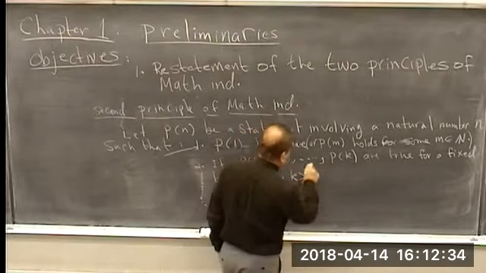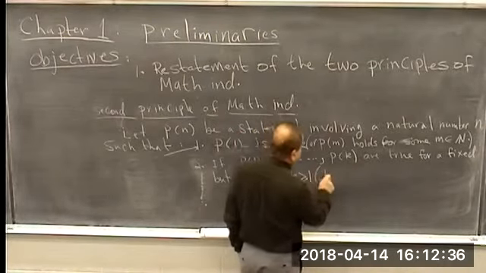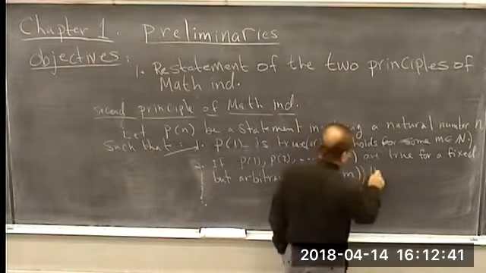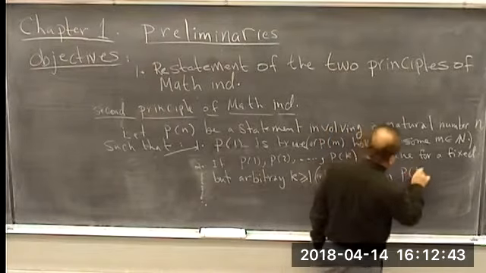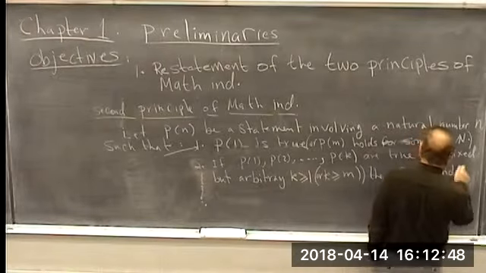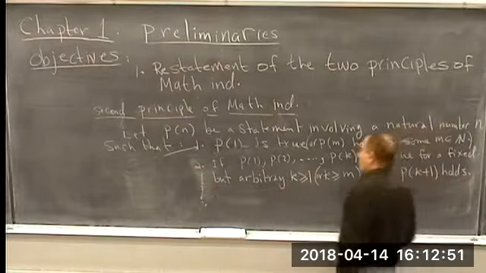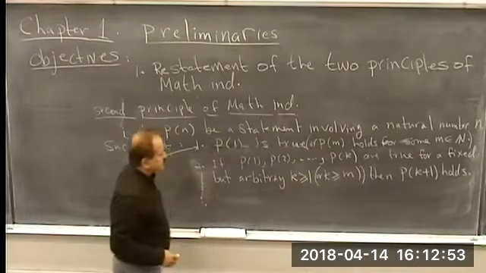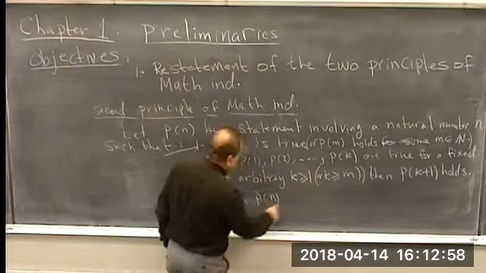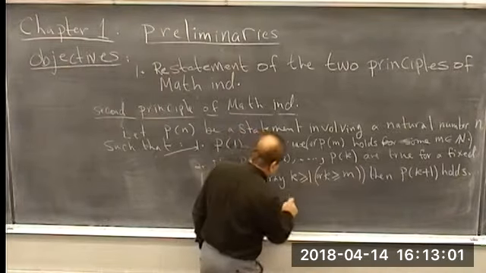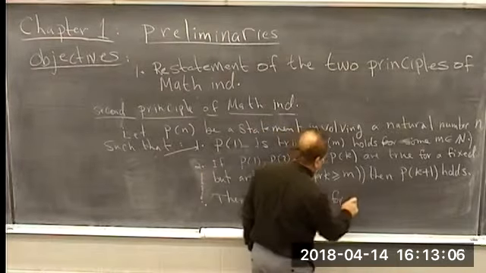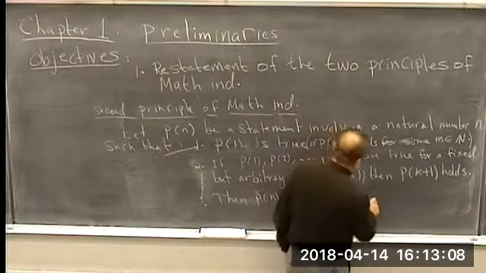Bigger than or equal to 1, or in the second case, k is bigger than or equal to m, then P(k+1) holds. So if this is the case, then P(n) is true, or the statement is true for all the natural numbers.